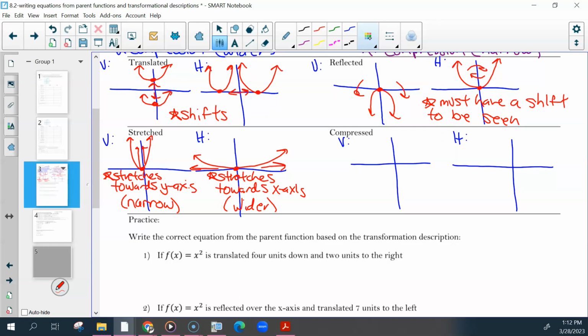And then your vertical compression is really shrinking away from the y-axis, which is why it gets wider. So I can say it's shrinking or compressing away from the y-axis.